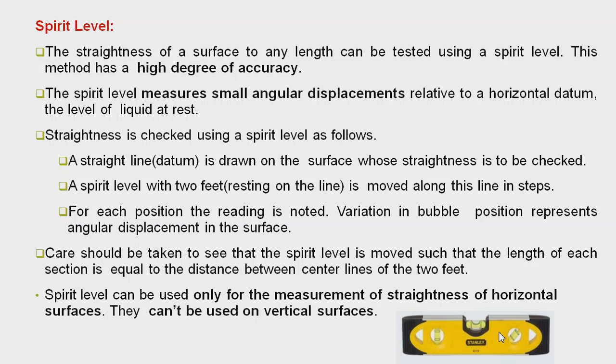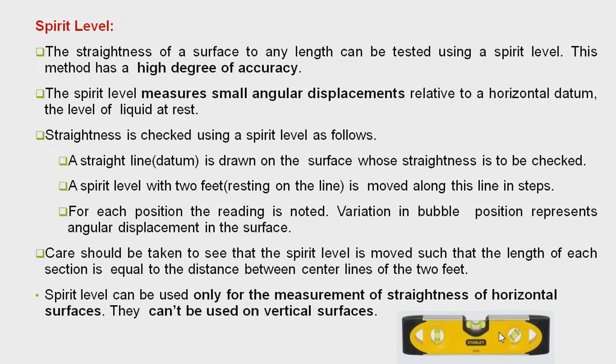Now it is very important to note that the spirit level is moved such that the length of each section is equal to the distance between center lines of the 2 feet. Now spirit level has a limitation that it can be used only for measurement of straightness of horizontal surfaces. It cannot be used on vertical surfaces.